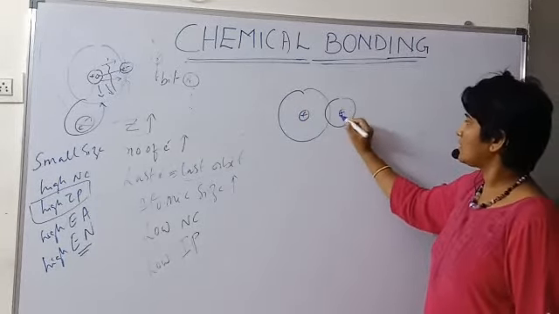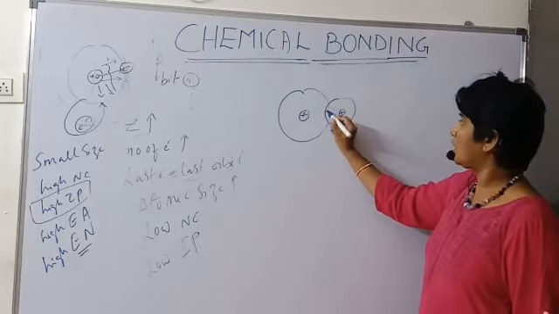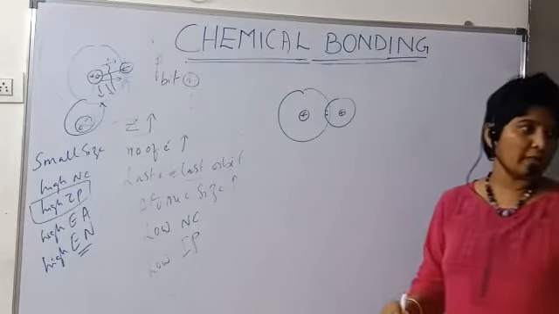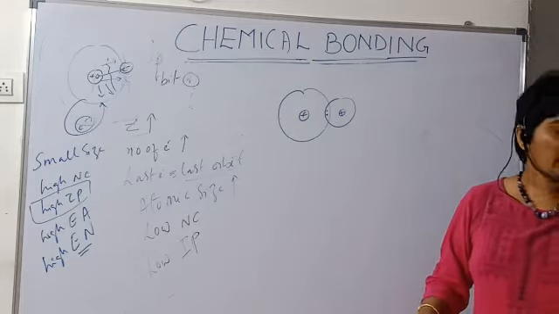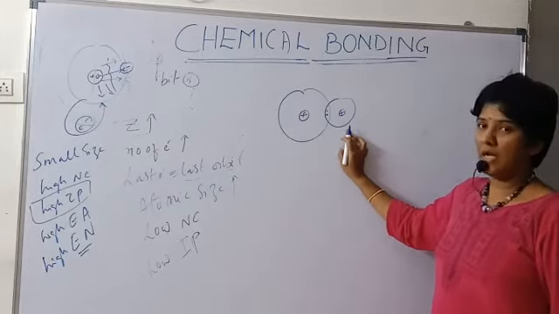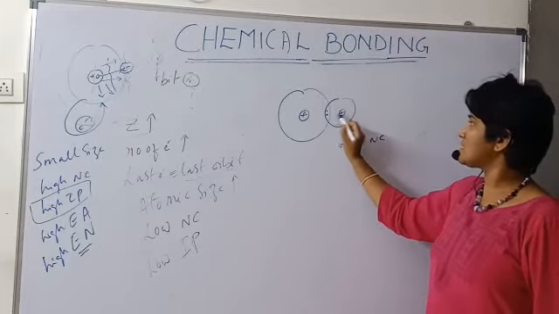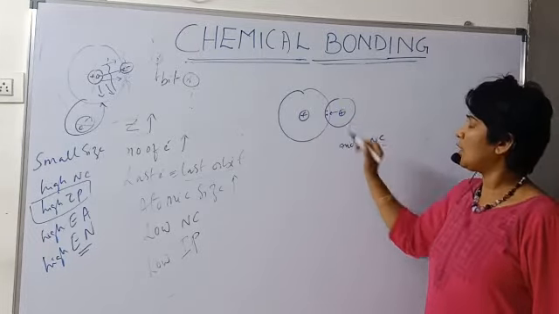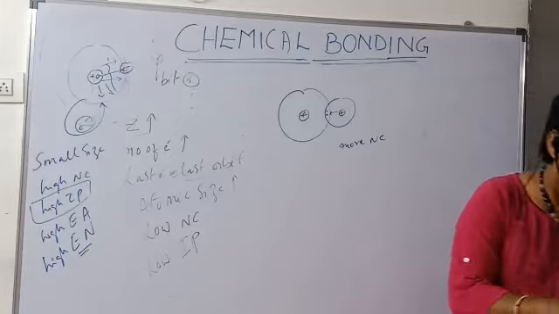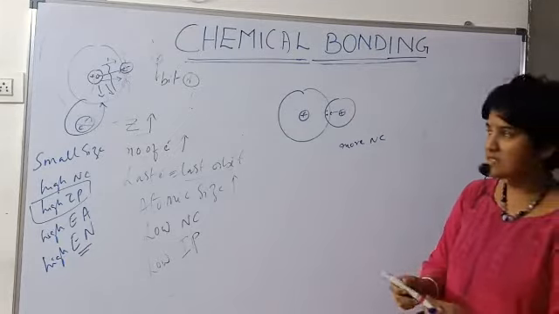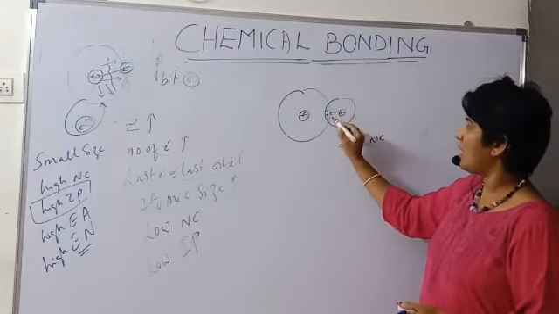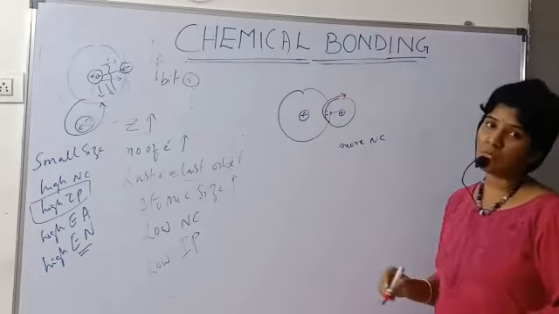This is the smaller one. Now these two are in bonding. Now the small atom has more nuclear charge as the nucleus is close to the bond pair of electrons.